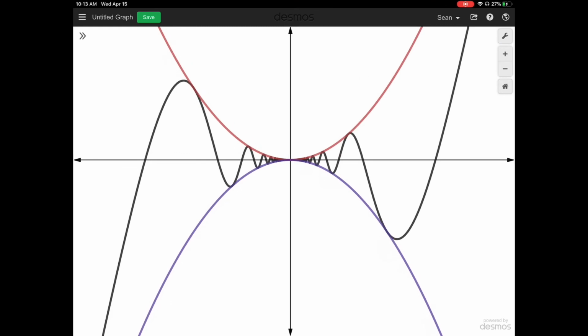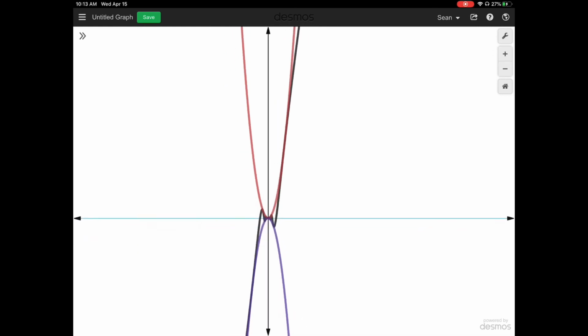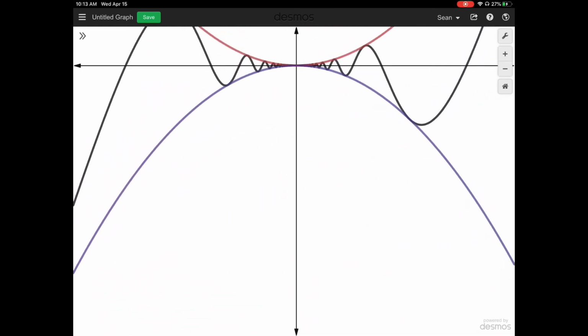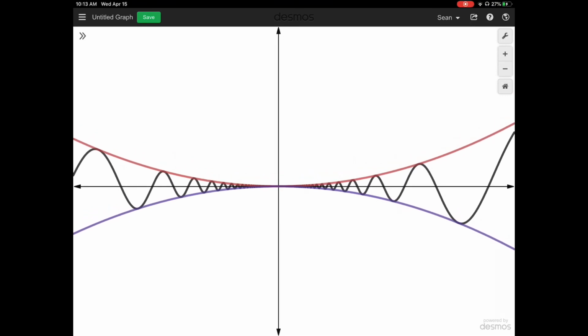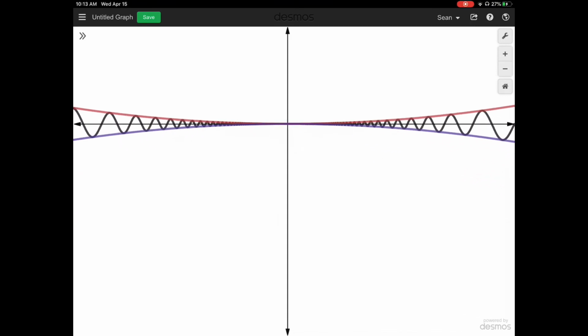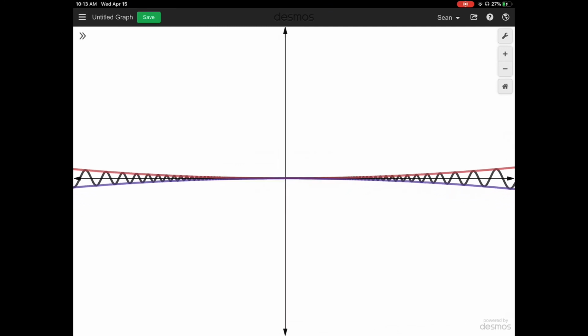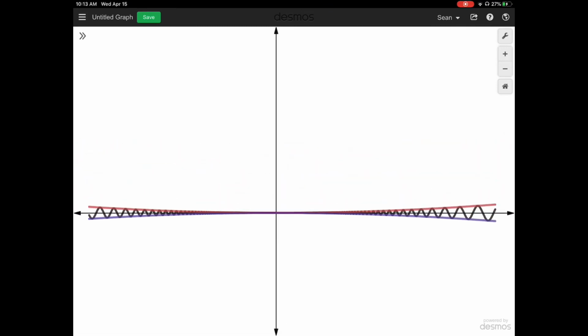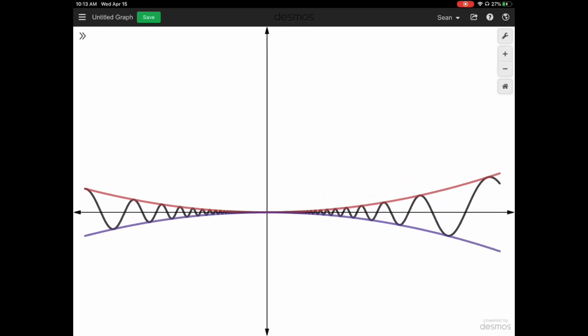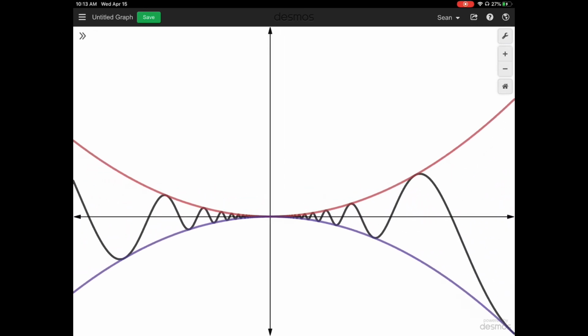Notice how the black curve, the drunk, is always going between the two police officers, the top curve and the bottom curve. It doesn't matter how far out we go or how far in we get. This is pretty cool if you keep going in. Isn't that awesome? Doesn't matter how close we get or how far away we get. This black curve is always between those two.